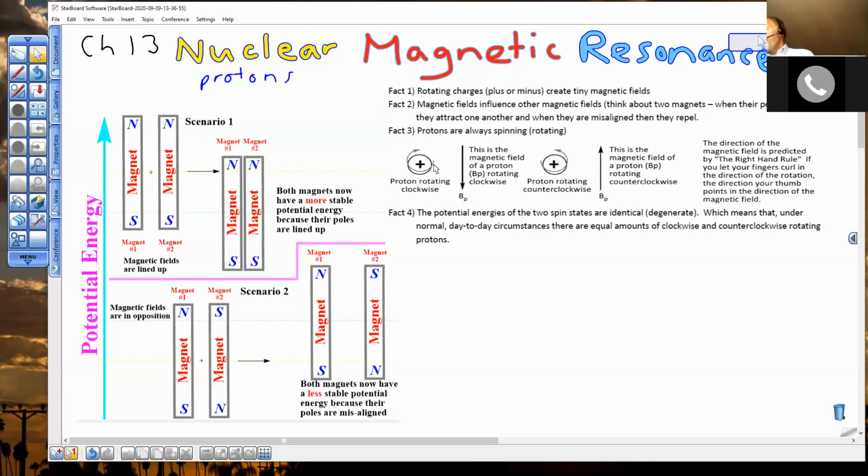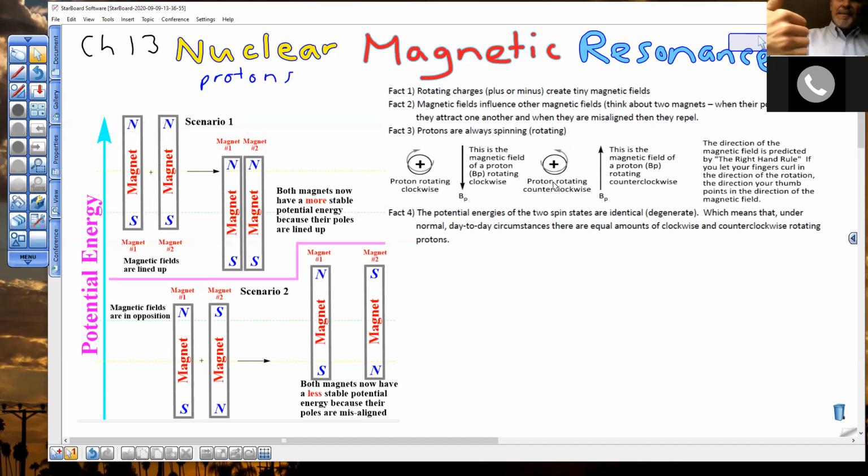Okay, and the prediction of the direction of this magnetic field is accomplished by using your right hand. So let's focus on this one right here, rotating counterclockwise. If your fingers are going around in this direction, and I'll try to show you in the little picture we have here with my face, here I've got my hand, and my fingers indicate the rotation direction.